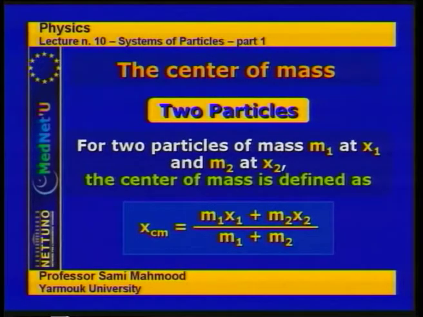But since m2 divided by m1 plus m2 is less than 1, the center of mass location is closer to the particle m1 than the particle m2 itself, which means that the center of mass lies between the two particles and is on the line connecting them.